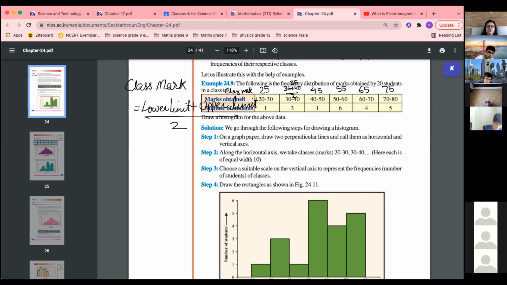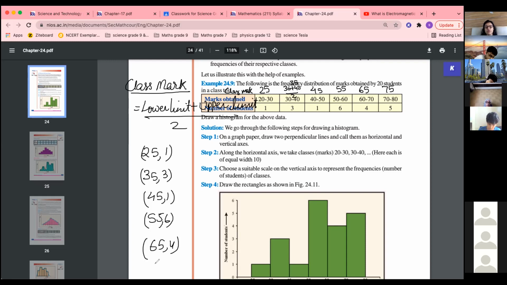Okay, so first you will calculate class mark, and then on the graph paper you will plot the points 25, 1, 35, 3, 45, 1, 55, 6, 65, 4, and 75, 5.